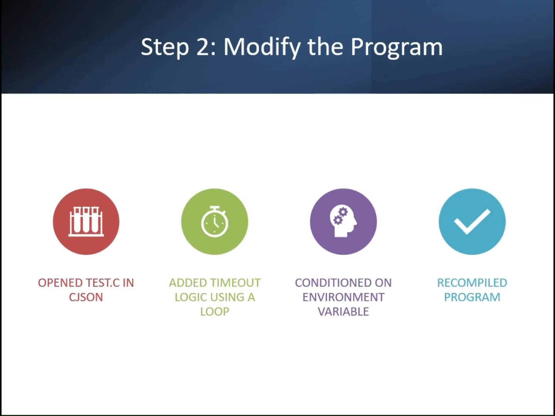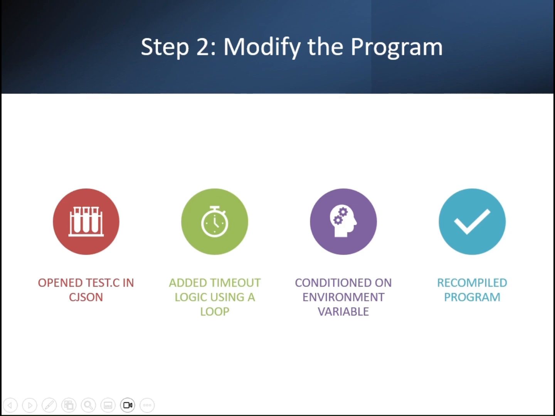Now with a working baseline, I proceeded to introduce the counter fuzzing mechanism. So I added a delay loop to the program that would only run when a certain condition is met, specifically when an environment variable is set to true. By using an environment variable, let's call it CJSON_SLOW_INPUT, I could turn the slowdown on and off without recompiling the code.